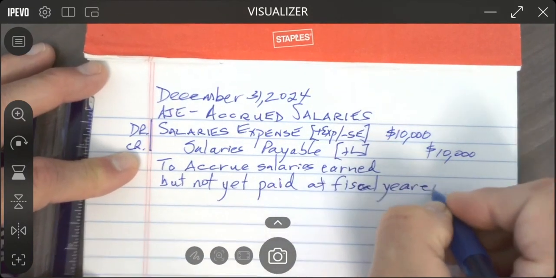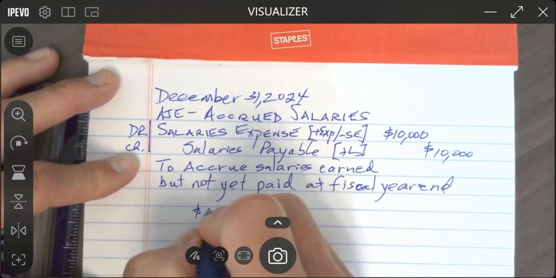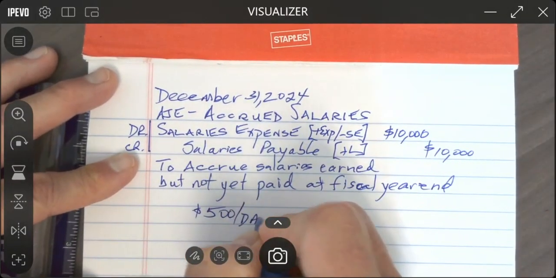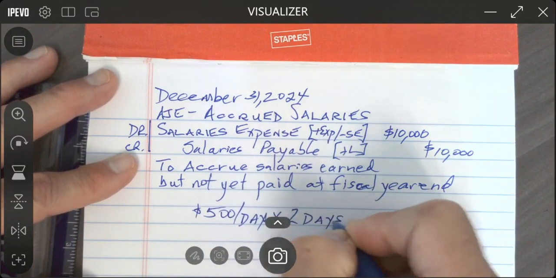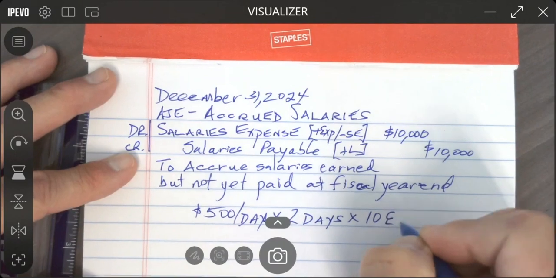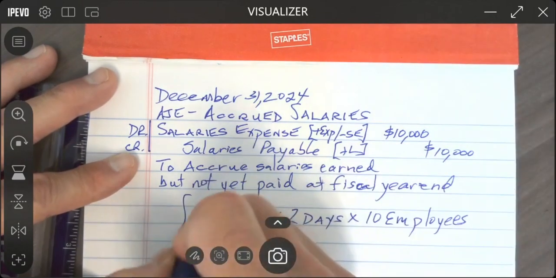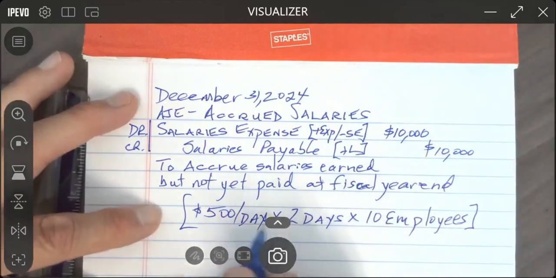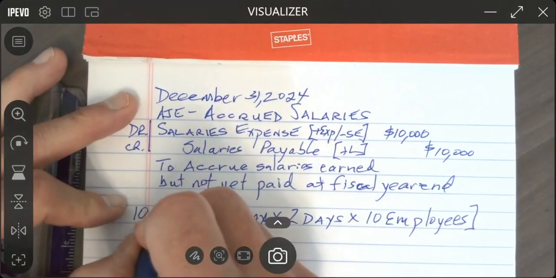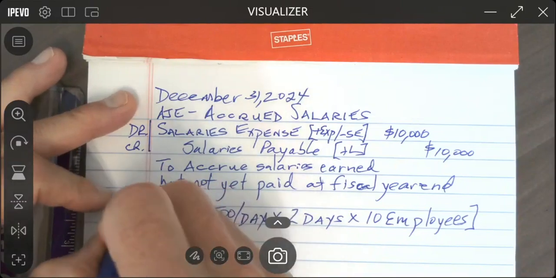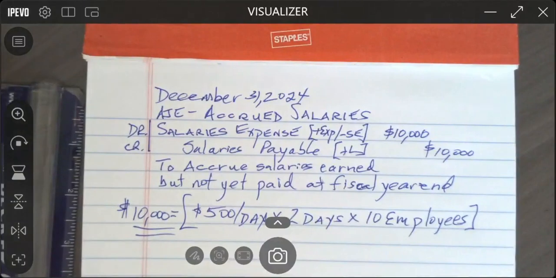There's a little explanation, and that is $500 per day times 2 days times 10 employees. $500 times 2 is 1,000, times 10 is 10,000. And that explains that $10,000 amount. Right, and that is the accrual.